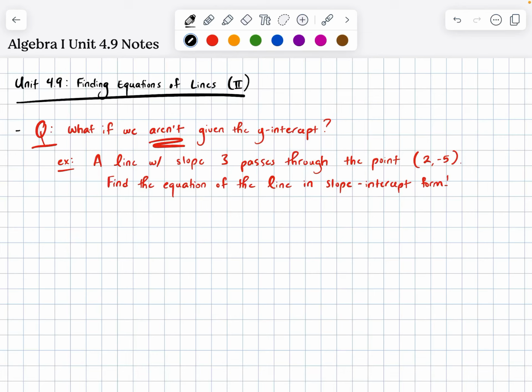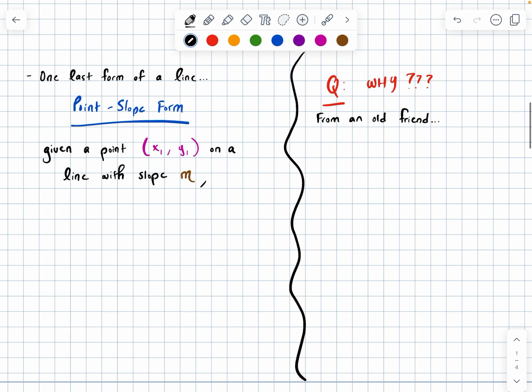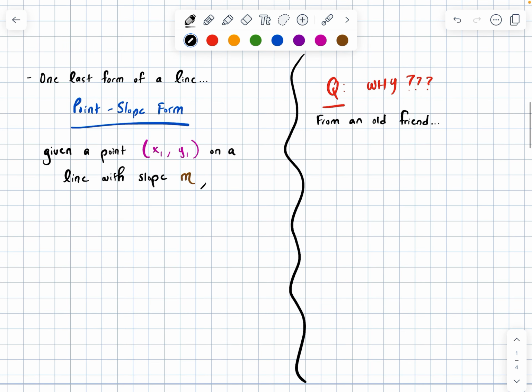It turns out that there is a not-so-new friend of ours that is actually a repurposed version of another, even older friend, that will allow us to answer this question pretty easily. We've talked in classes past about the idea that different forms of lines serve different purposes really well. There is a particular form of a line that happens to be really good at finding equations of lines, and it's called point-slope form.